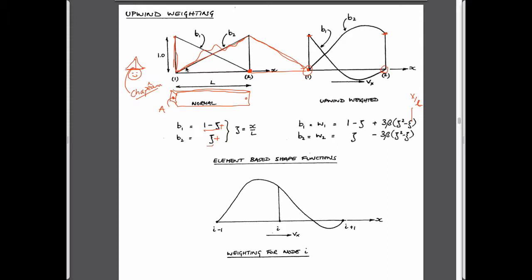And so what you add on to, for instance, this element here, you physically subtract from this element here. So this area above this curve here is kind of mirrored by this component here, just because of this term here. And so the easier way to think of these weighted shape functions, I think, is to look at this central node and think what the shape functions look like around this.